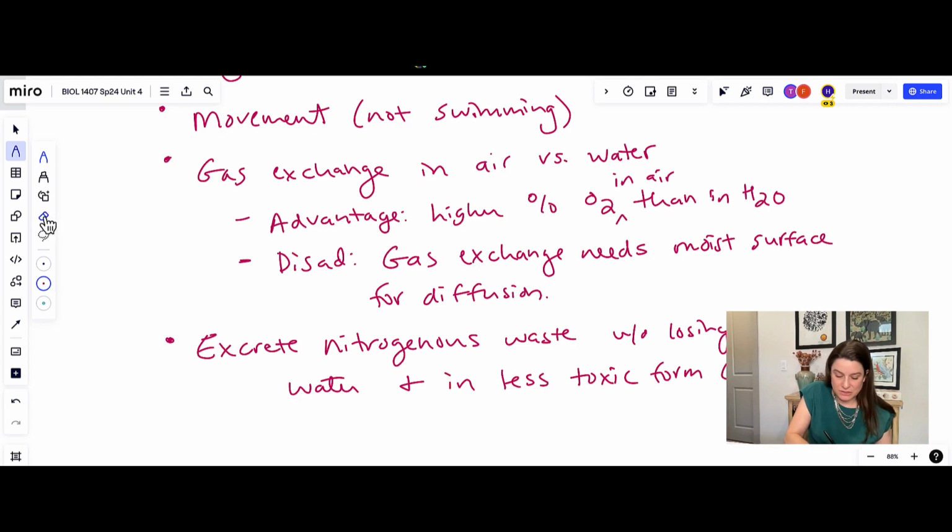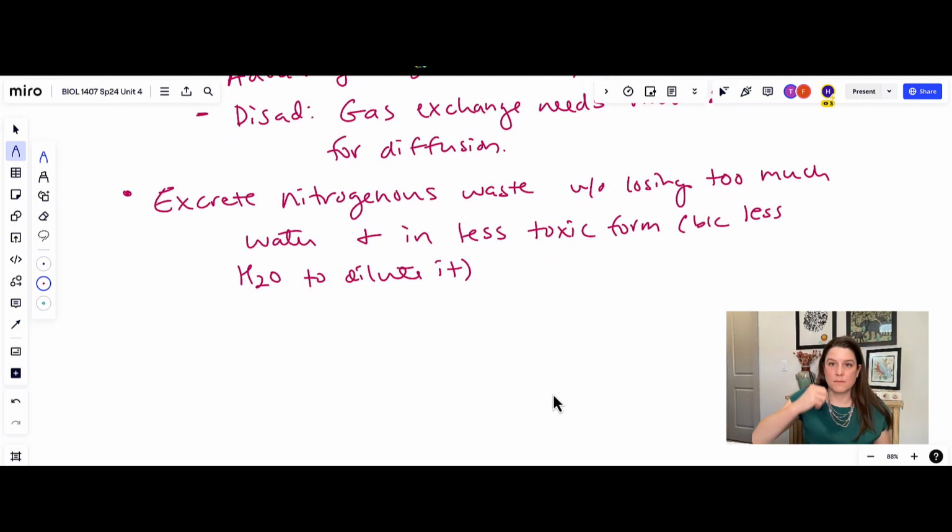Because you don't have a lot of water to dilute that toxic form, the ammonia. So we can say less toxic form, aka not ammonia.